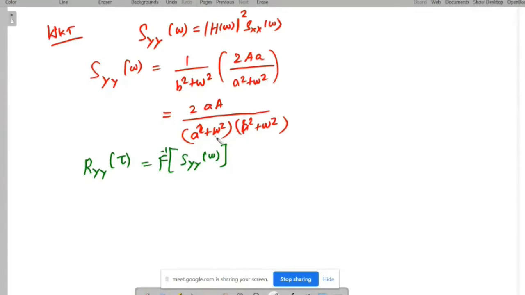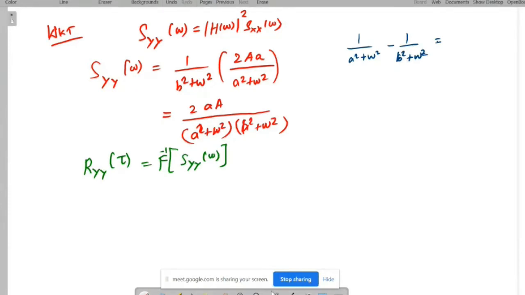So for that I am going to use partial fraction, or better you can use some manual calculation. You can split these two factors. How to split? I will tell you now. Suppose you have 1 by a square plus omega square minus 1 by b square plus omega square. What happens if you subtract these two things? It is simple.